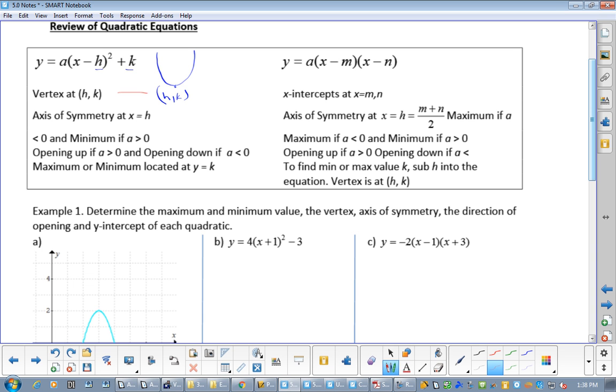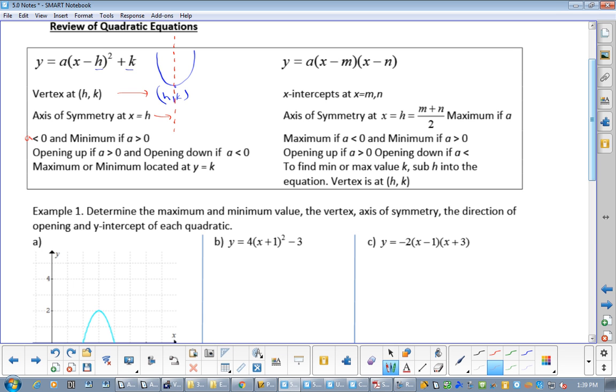So there's the vertex. The axis of symmetry is if you were to cut it in half, which is always your h. You see how our study sheet's going to come in handy if you can start getting all this stuff down? Because we're learning a lot of stuff. Now, if a is less than 0, what's another way of saying less than 0?